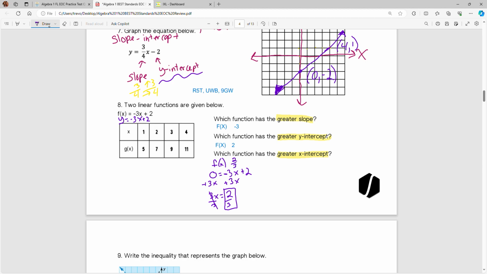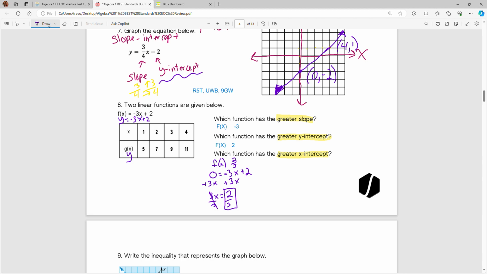So I was able to find those things pretty quickly for f of x, and I can find them pretty quickly for g of x as well. Right here, I can see that my x's are going up by 1, and my y's are going up by 2, right? 5, 7, 9, 11.